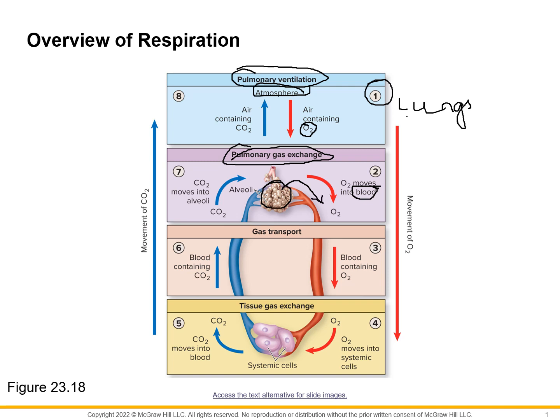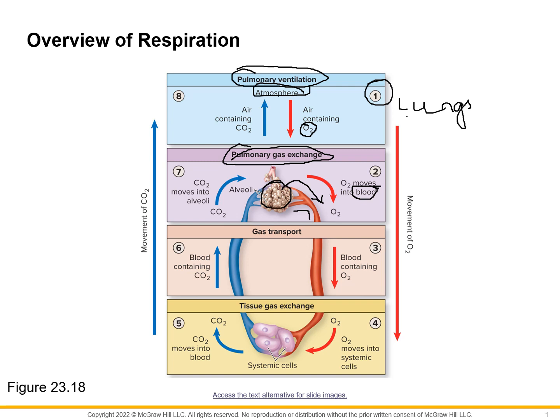And please note, as I talked about in the last video, that the red tube here is going to end up becoming the pulmonary vein. The blue tube is the pulmonary artery, right? So oxygen is eventually entering the pulmonary vein. And from here, it is going to the heart.